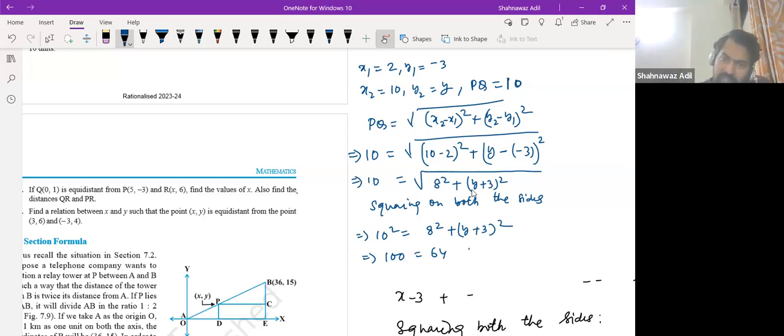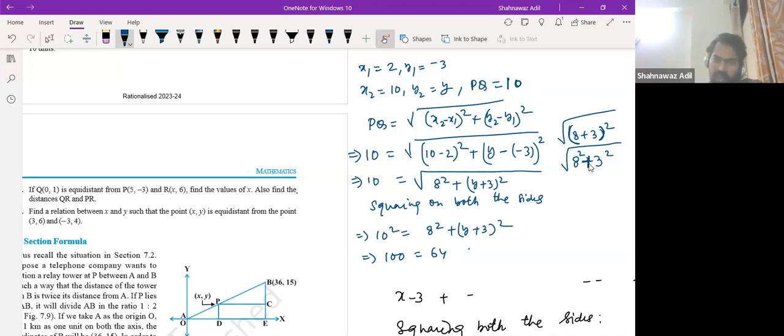The square will cancel the root, but this is not a whole square, right? This is not like 8 plus 3 whole square. You have 8 square plus 3 square, and then root. So first you have to solve this plus, and then you can take the square.